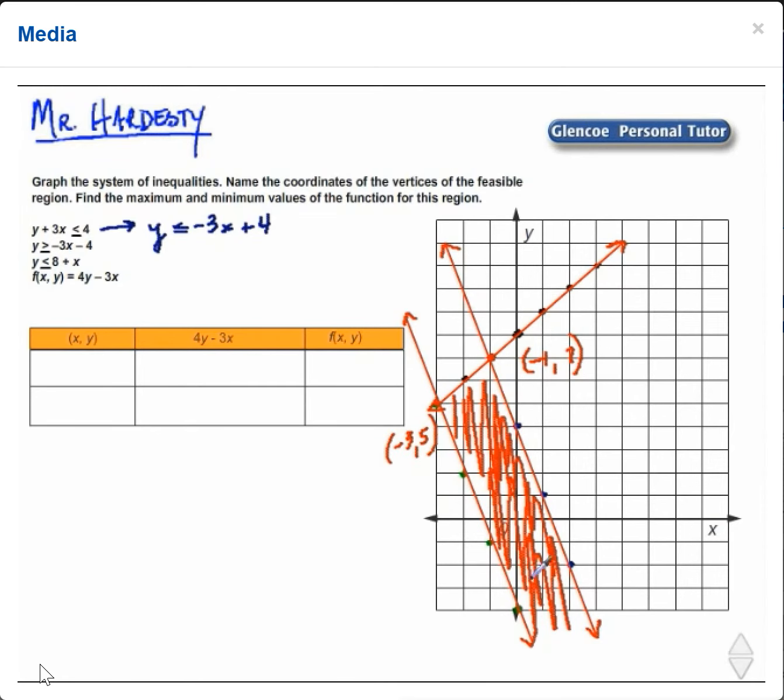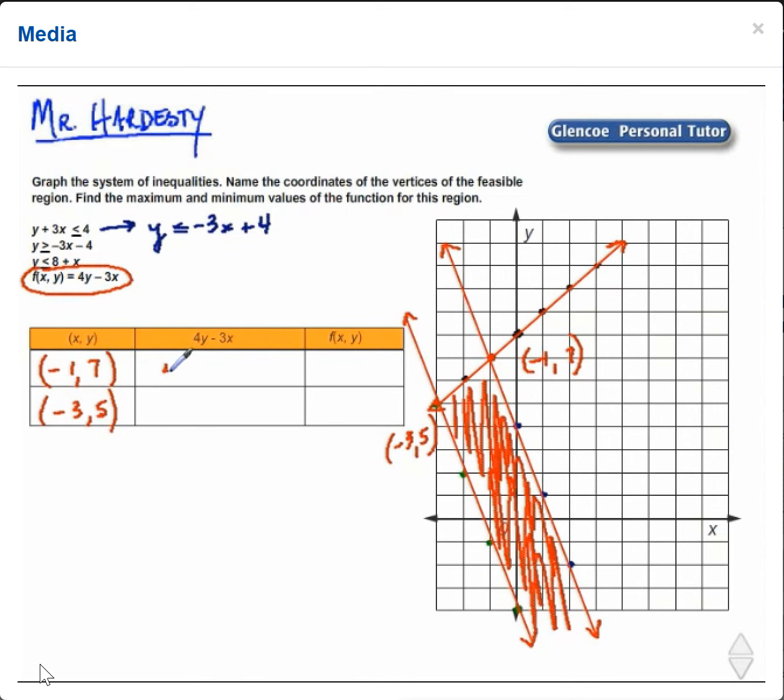And we have no other points, as our graph is shaded off the page and there are no other intersected points here. So we have negative 1, 7 as one of our vertices, and negative 3, 5 as the other. We'll find the maximum and minimum by substituting those into our given function, 4y minus 3x.